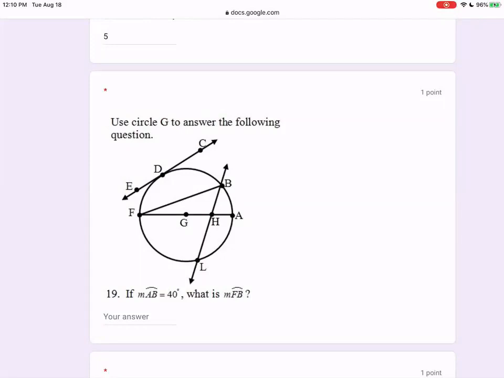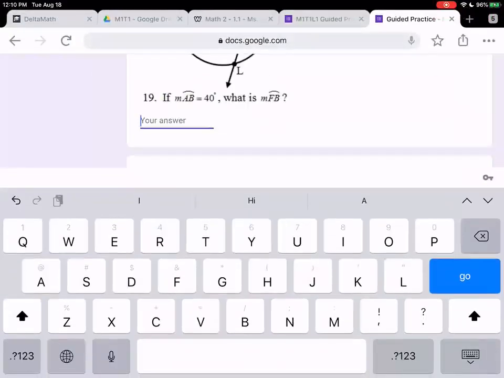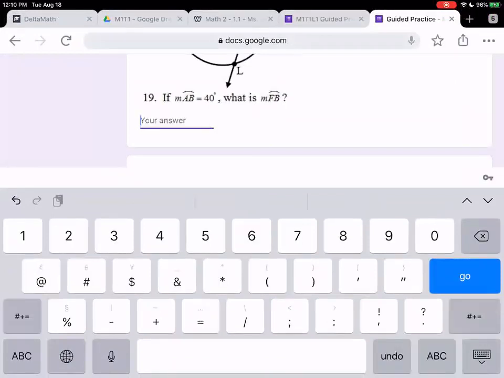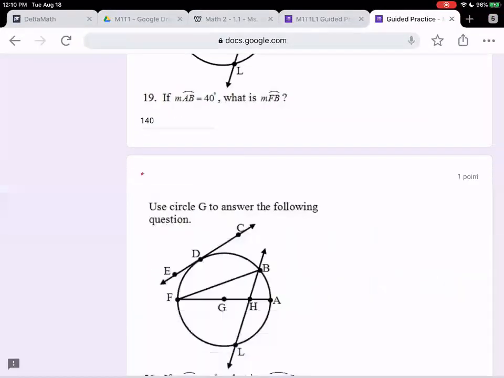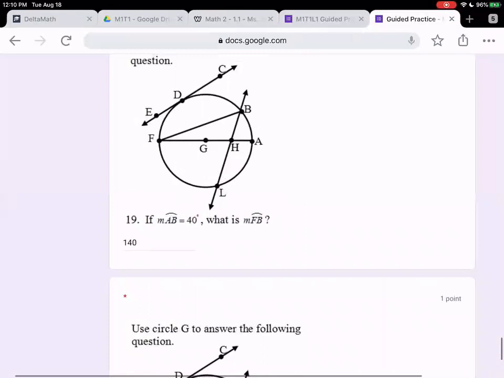Is it 140? Why do you think I'm making them add to 180? Because 180 is half of the circle. Exactly. 180 is half of the circle, and if you put those two arcs together, you get half of the circle. Perfect.